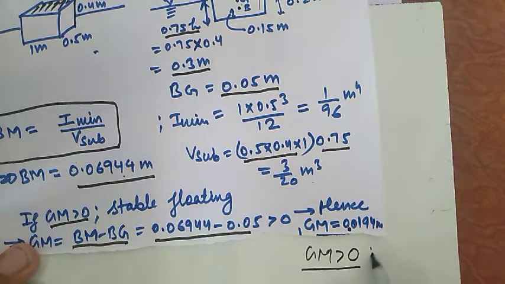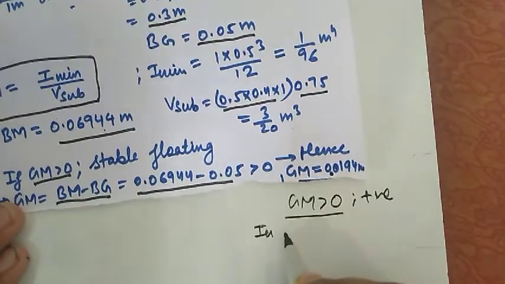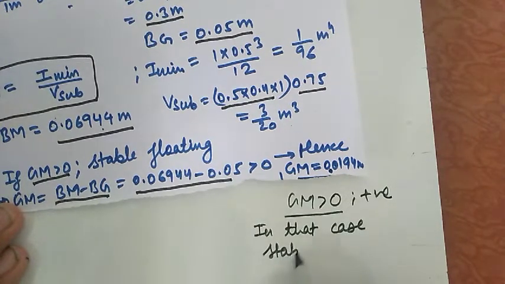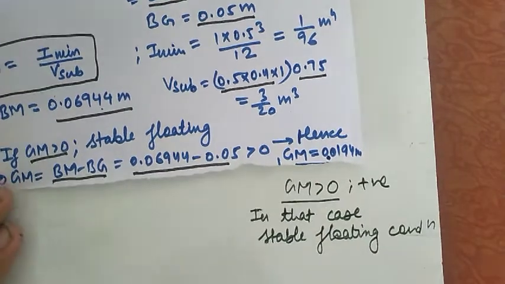When GM is positive, in that case we have a stable floating condition, right? Yes.